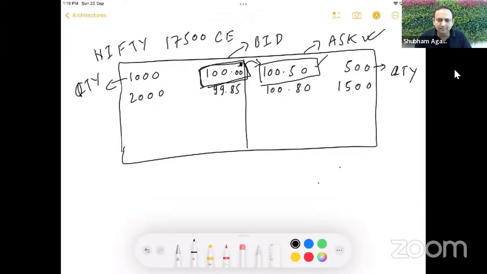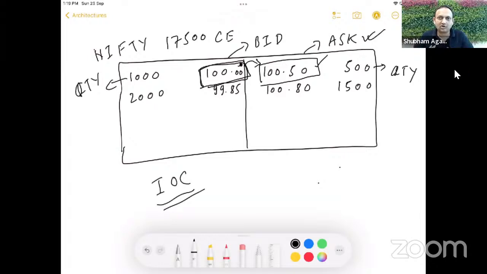Now there are some kinds of orders which can not give you the true picture. I'll give you an example. There's something called an IOC order. What does an IOC order mean? IOC basically means immediate or cancel. This kind of order generally never sits at the order book level. It never goes to the order book. It directly executes, and if it is executed, it's a trade.